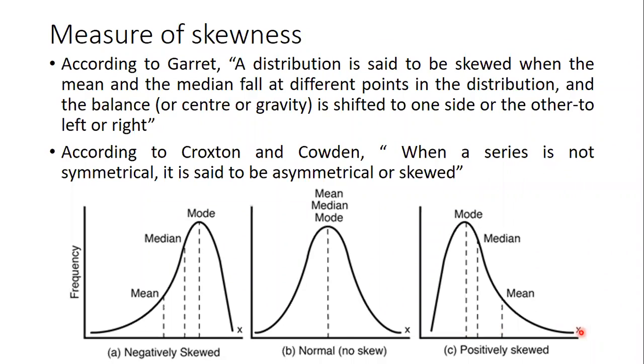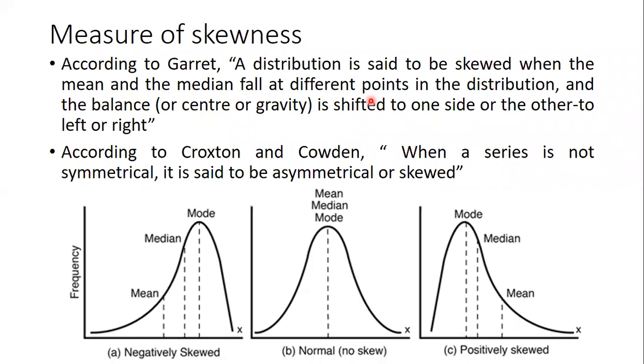So this is called positively skewed. The measure of skewness means we are going to measure in the given numbers whether it is a balanced distribution, or whether it is concentrating towards the center, or towards left or right. That is known as measure of skewness.